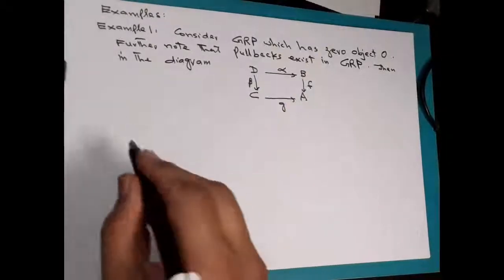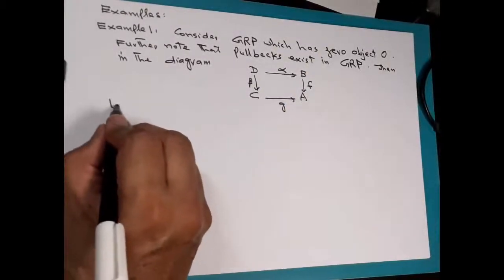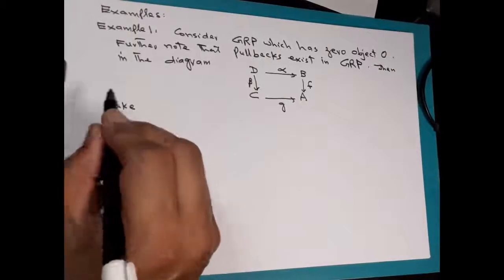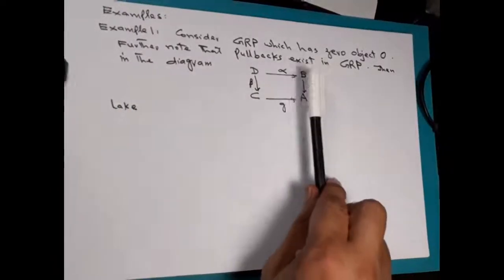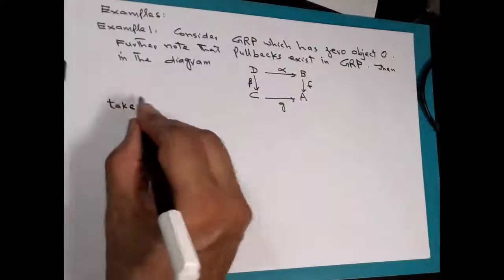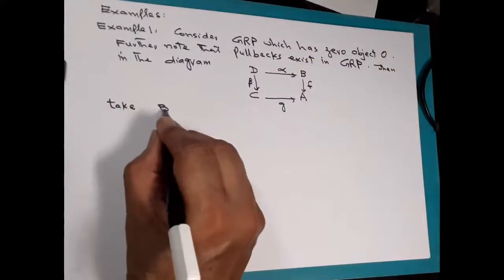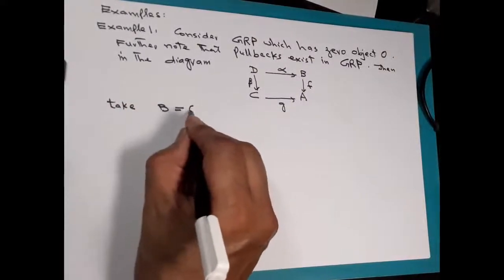So in this diagram we are going to take B as zero object.